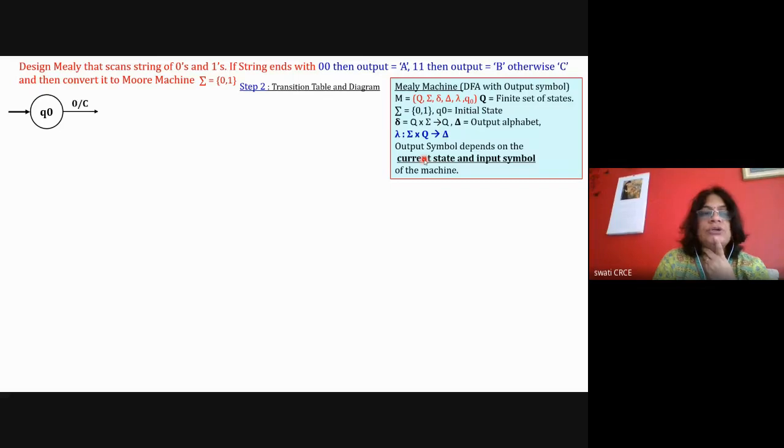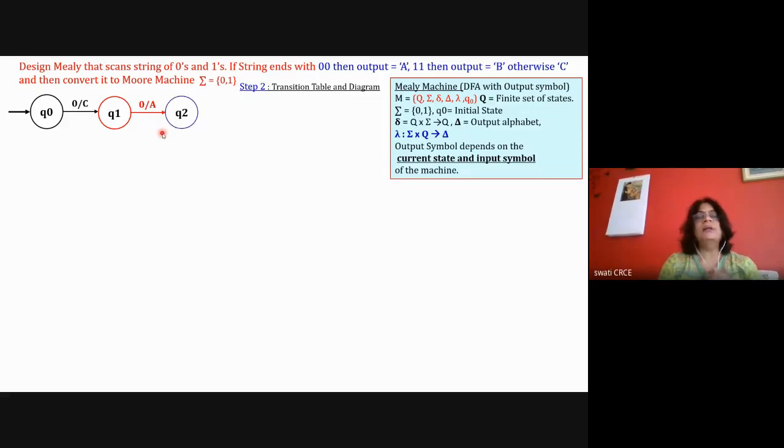With 0, 0, I say the output is A; with 1, 1, B; otherwise C. So if it is only a single 0, the output is C. So Q0 with 0 goes to Q1, but the output is capital C. With one more 0, it should generate capital A. So in Q1, if 0 comes, it becomes 0, 0, so for that 0 it will generate A, and it goes to the state Q2.